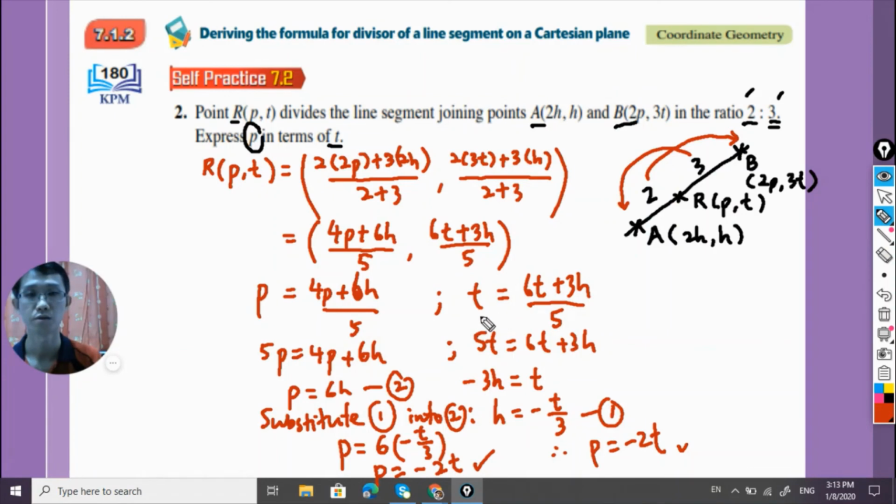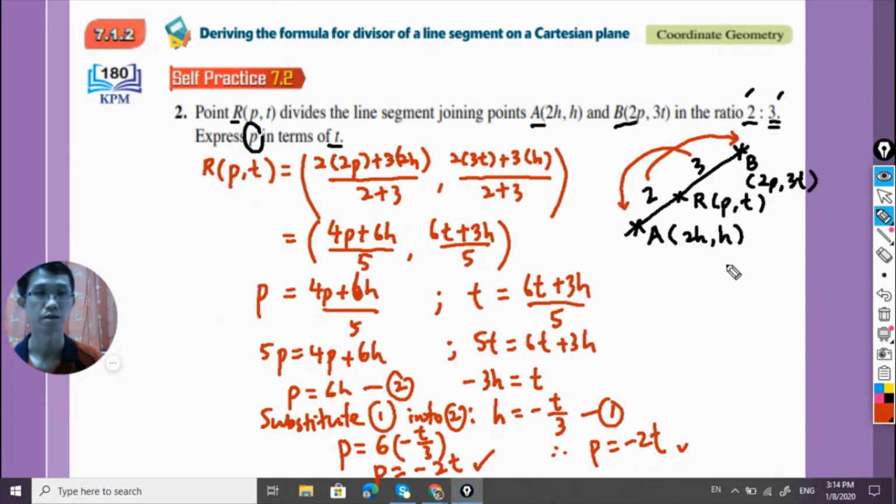You should get two equations, and then you solve simultaneously by substituting one subject inside the other one, and you should get the equation or function with the subject p in terms of t.